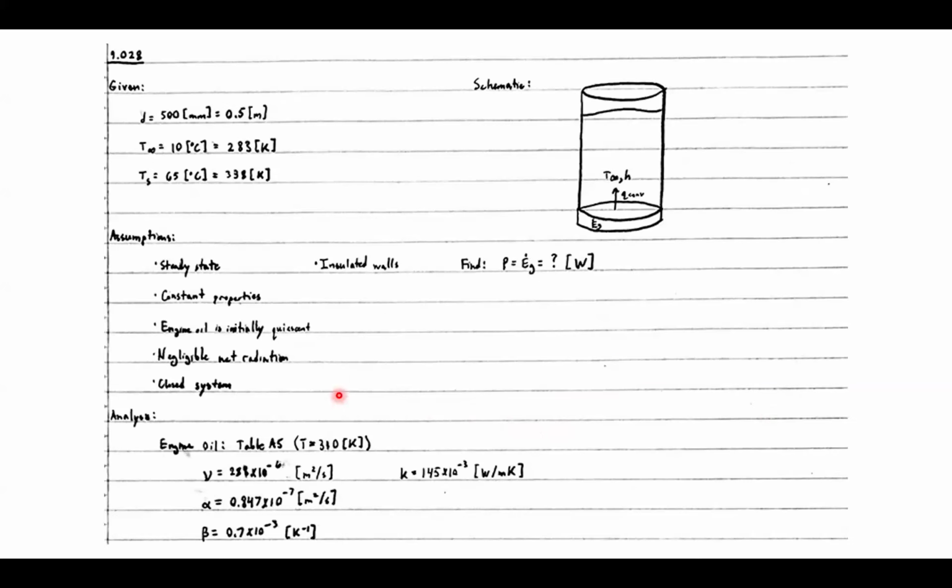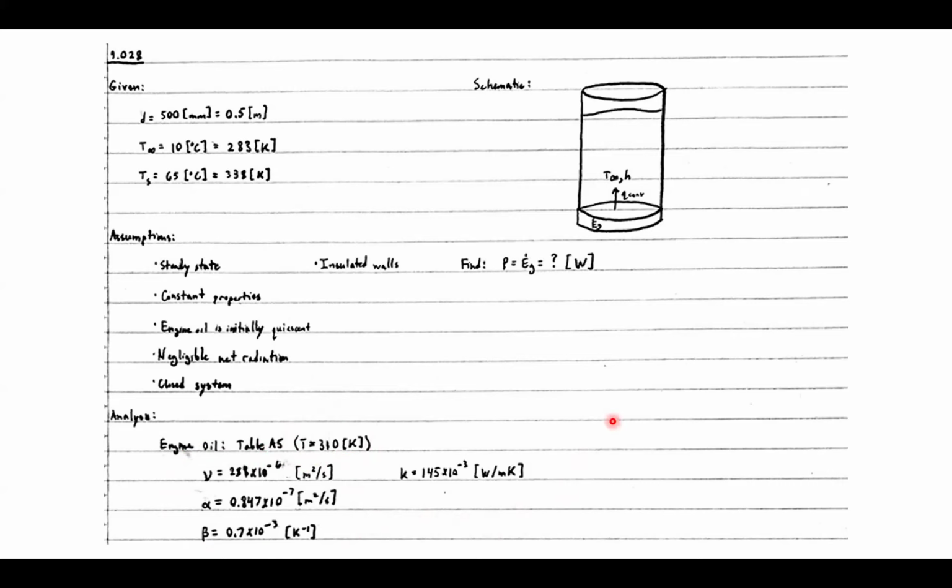So let's see here. Another key assumption that we're making is that we have constant fluid properties. And so to find the properties of the engine oil, we look at the mean temperature, which is 310 Kelvin, and we evaluate the properties of the engine oil using table A5. And those properties you can see right here.